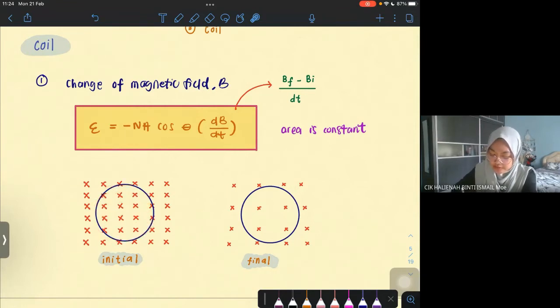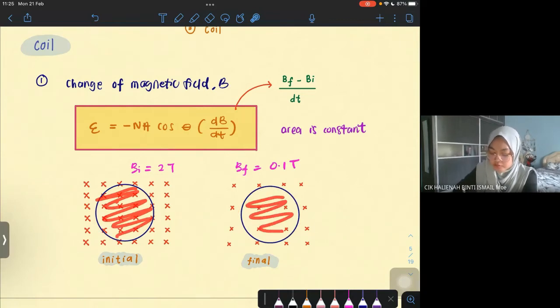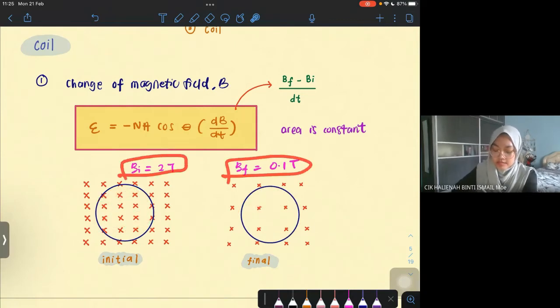So compared to the final one, we see here there are only 4 dots, there are 4 x's here. So it means the magnetic field is decreasing compared to the first one. So from here, maybe the first one is 2 Tesla, maybe the final one is 0.1 Tesla. So from here, the area is still the same. Our magnetic field and our coil still have the same area. The area it takes is still the same; only the magnetic field changes.